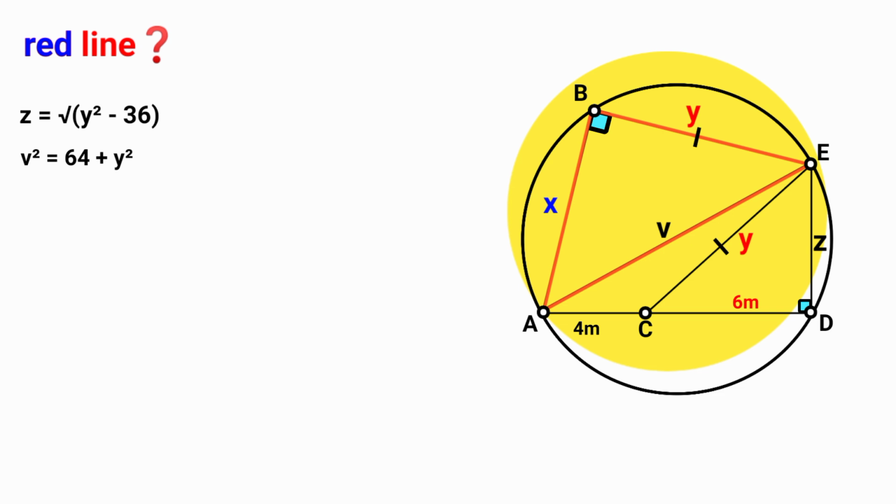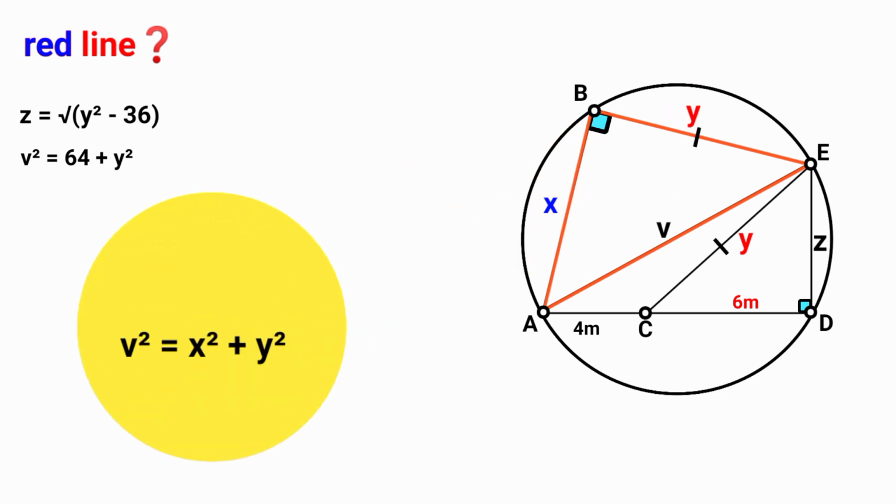Now look at this triangle ABE. It is also a right angle triangle. If we use the Pythagorean theorem, this is the hypotenuse. So the square of its length must be equal to the sum of the squares of this x and this y. So v squared equal to x squared plus y squared. Now come to this equation. V squared equal to 64 plus y squared.